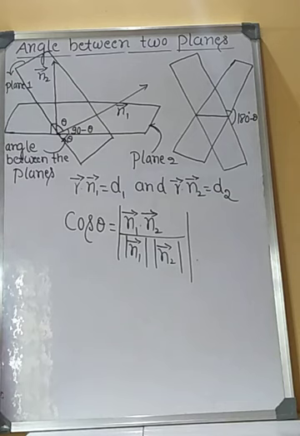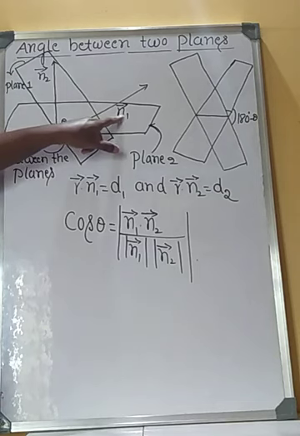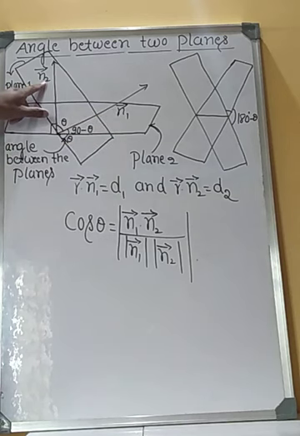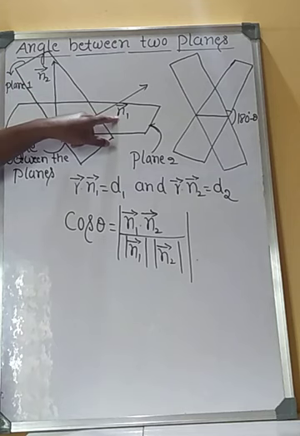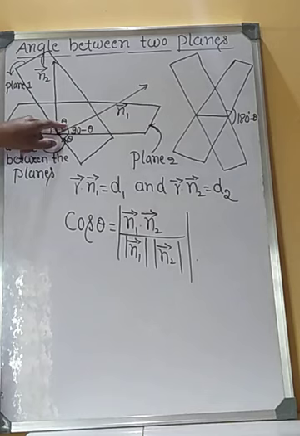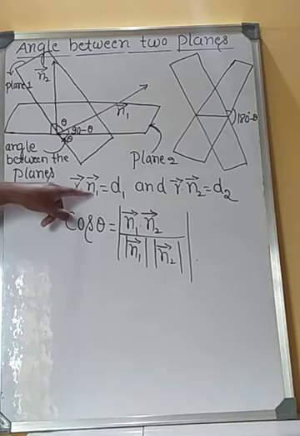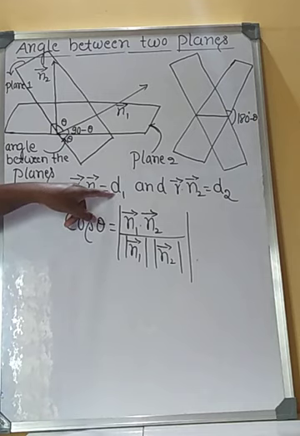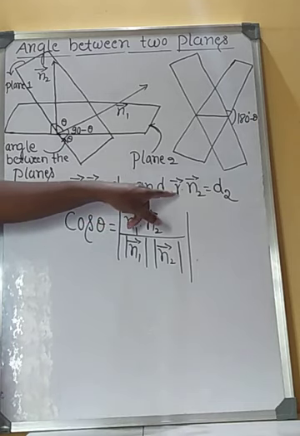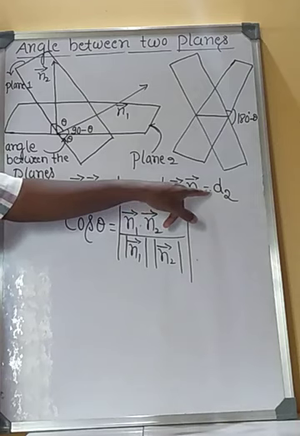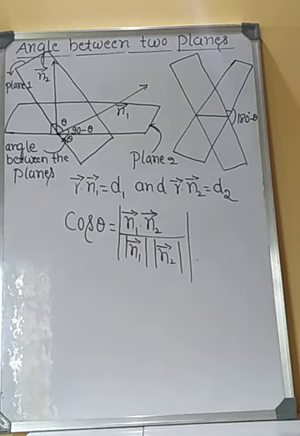So once again, let n1 vector and n2 vector be normals to the planes, and theta be the angle between the planes. That is, r vector dot n1 vector is equal to d1 and r vector dot n2 vector equal to d2.